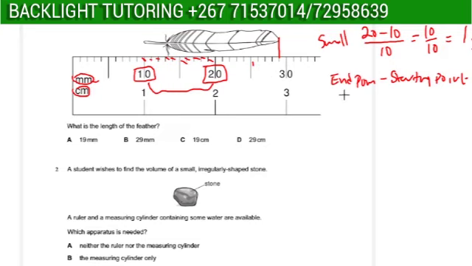The end point is 29, minus the starting point, which is here at 10. So we're going to say 29 minus 10, which gives us 19.